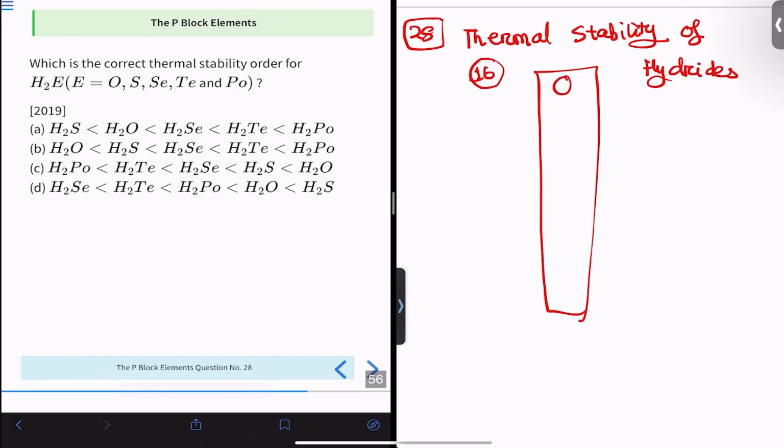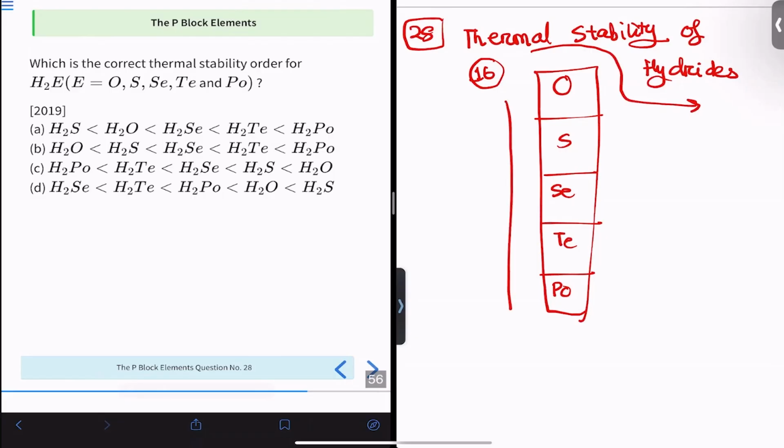Draw group 16: oxygen, sulfur, selenium, polonium. This is group 16 of the periodic table, and they're talking about the thermal stability of the hydrides. I'll write it for you.